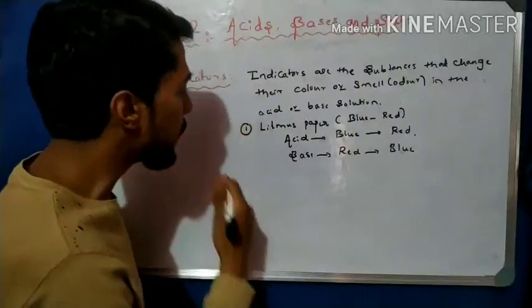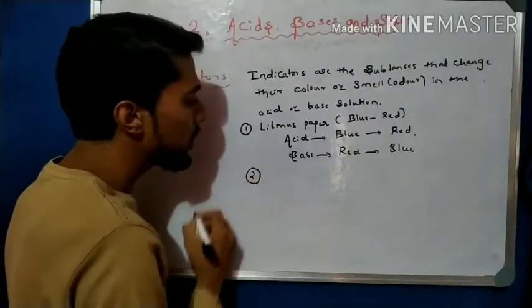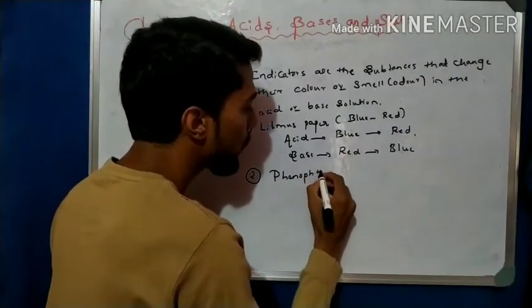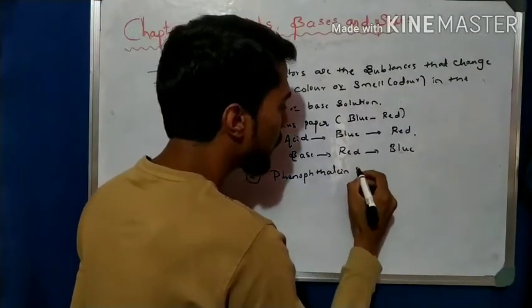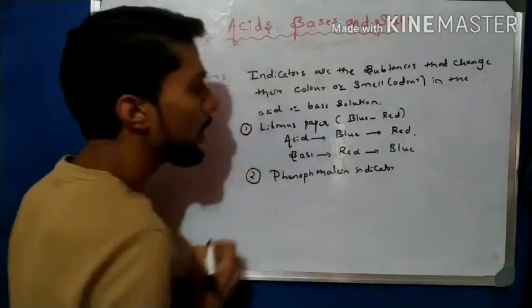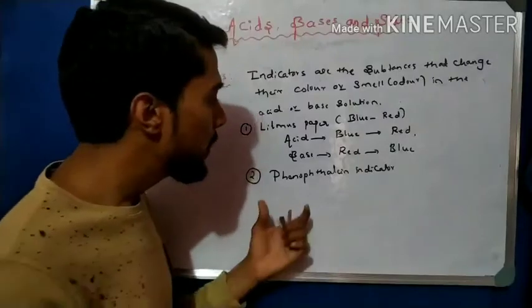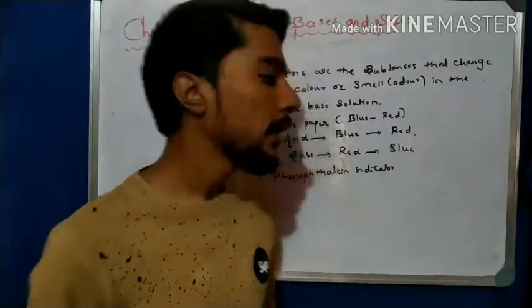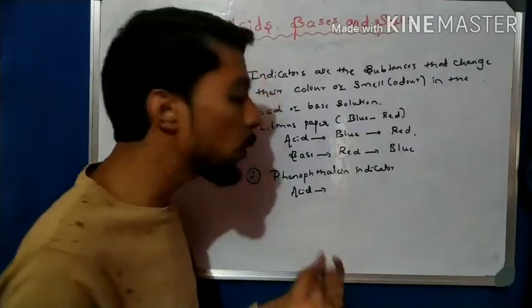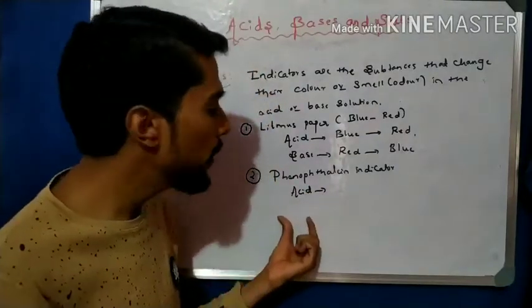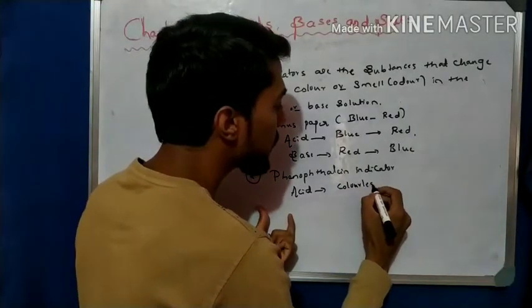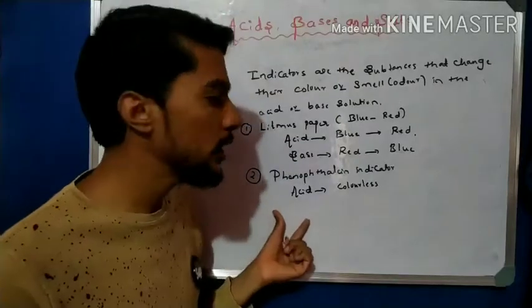Simple one. Next, the second one, that is the phenolphthalein indicator. This is a colorless liquid. If a few drops of phenolphthalein indicator are added to an acid, we observe that a colorless solution is obtained.